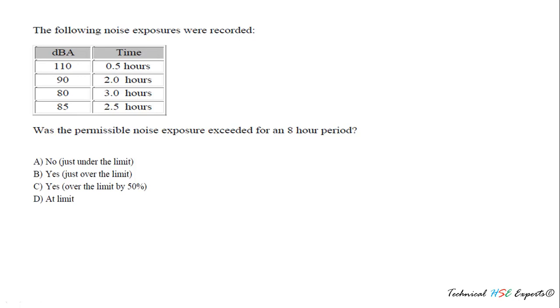The first one is 100 into 0.5 divided by 0.5, plus 2 by 8, plus 3 by 32, plus 2.5 by 16. Altogether, you will end up with 1.496. That means it is over the limit by 50%. That means option C.